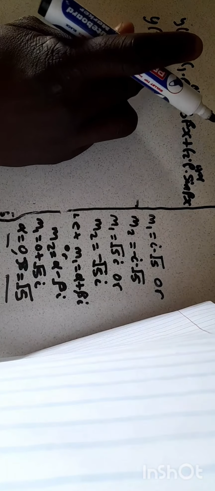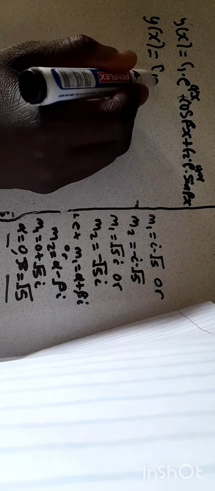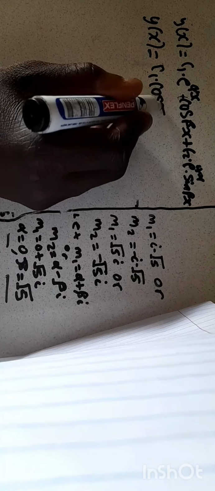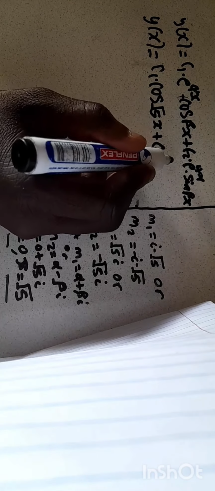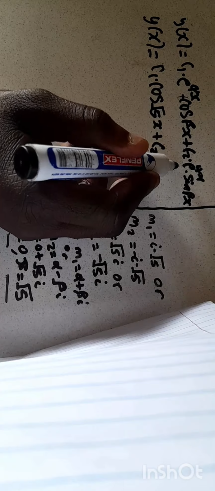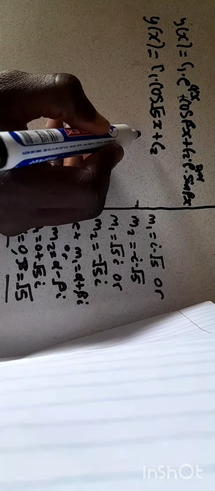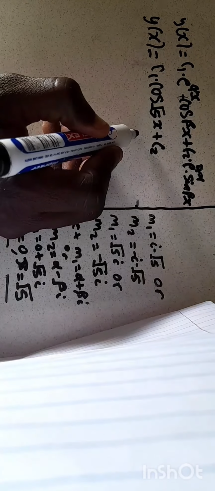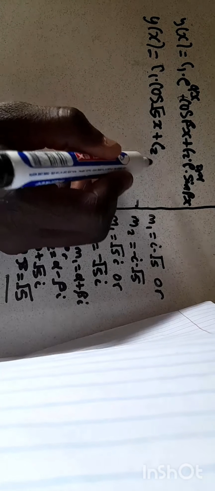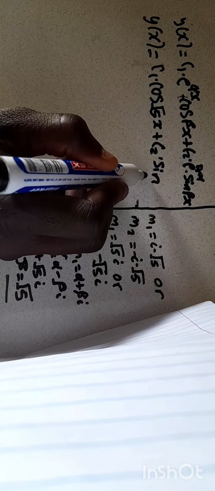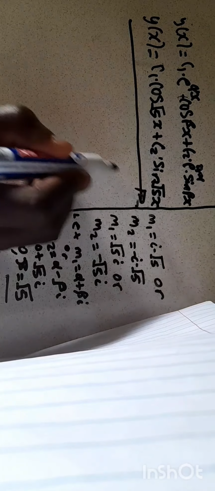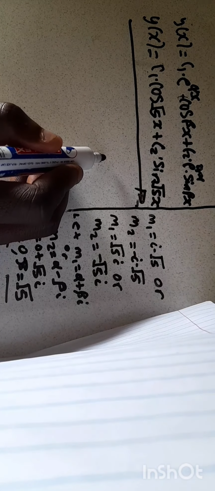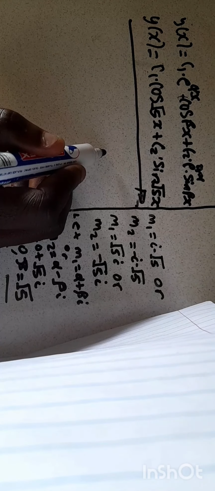This is just c1 times cos root 5 x, plus c2, where similarly alpha is 0, 0 times x is 0, and e to the 0 is 1. So it's c2 times sine root 5 x. Thus, the general solution of that problem is c1 cos root 5 x plus c2 sine root 5 x.